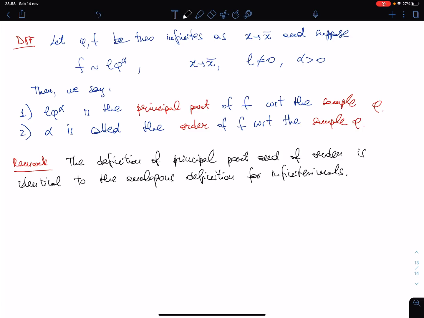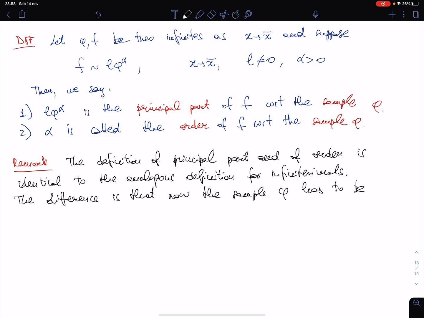The only difference is that now the sample phi has to be an infinite and not an infinitesimal.